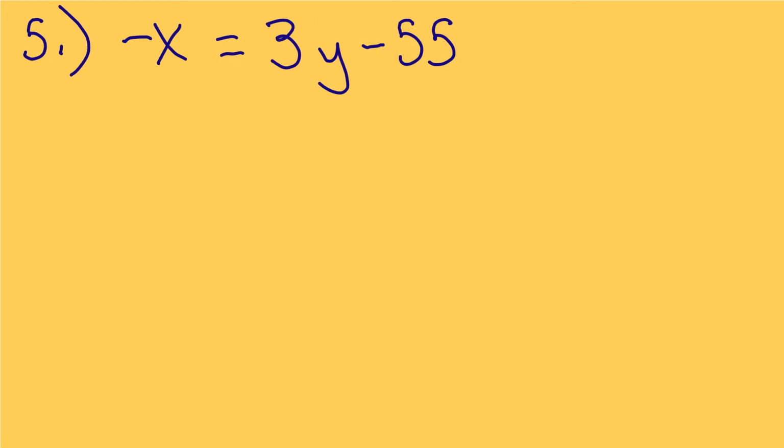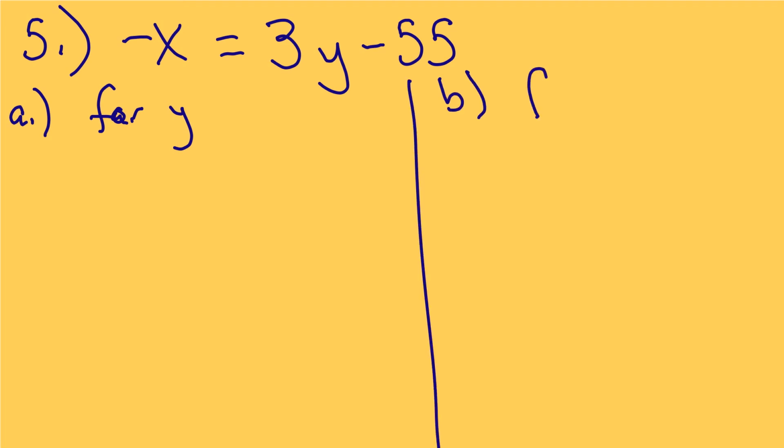All right, number 5. I have the opposite of x equals 3y minus 55. So remember, part A is 4y. Part B is 4x. I have the opposite of x equals 3y minus 55. Remember, y is important.